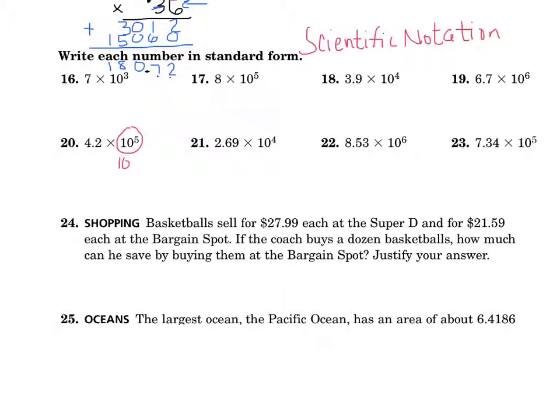So you could look at it this way. Or you know that it's a 1 with 5 zeros. 1, 2, 3, 4, 5.